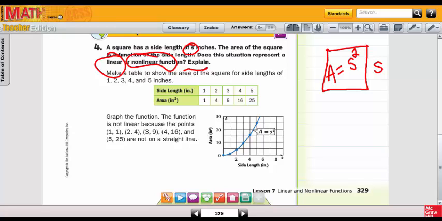Well, we could make a table of values. We could put an input of 1 for a side length, and 1 squared is 1, so we would get an output of 1. Put an input of 2 in, and 2 squared is 4, we get an output of 4. We could go way out here to 10, and we would easily see that the area would be 100 because 10 squared equals 100.